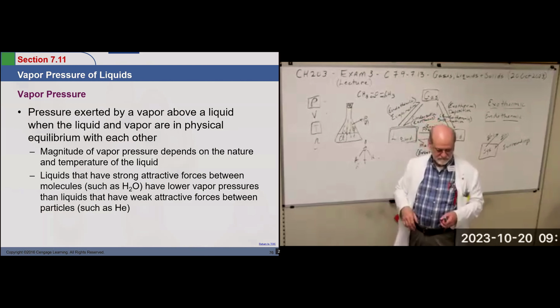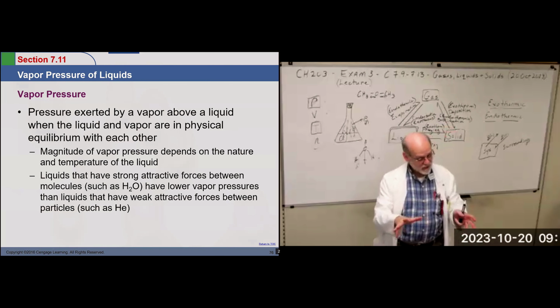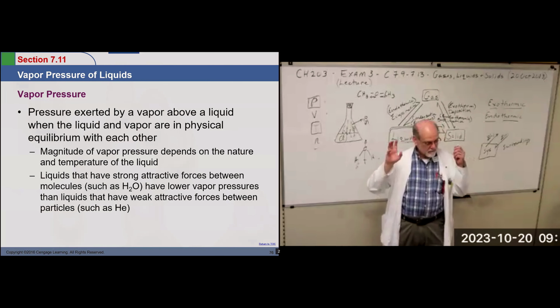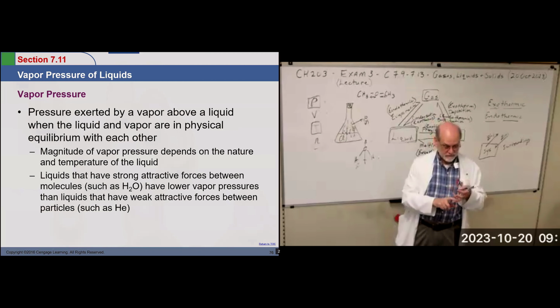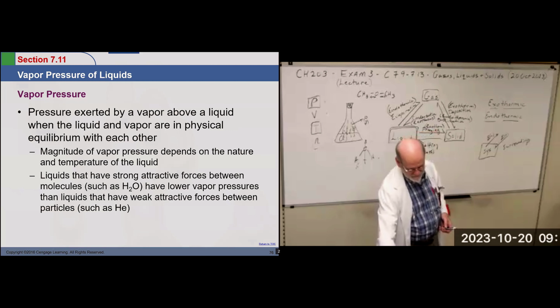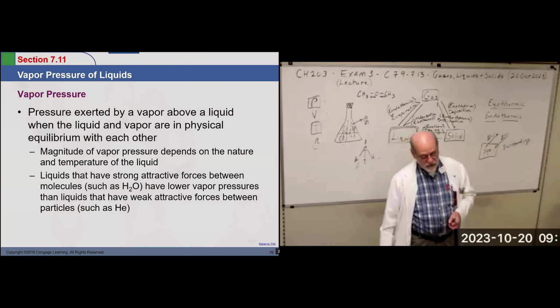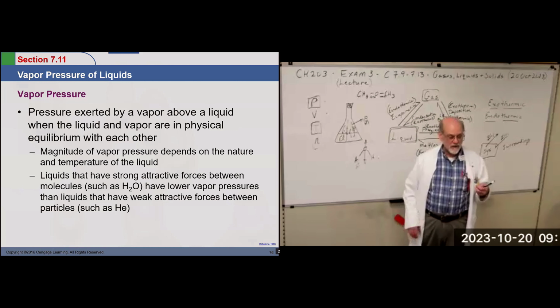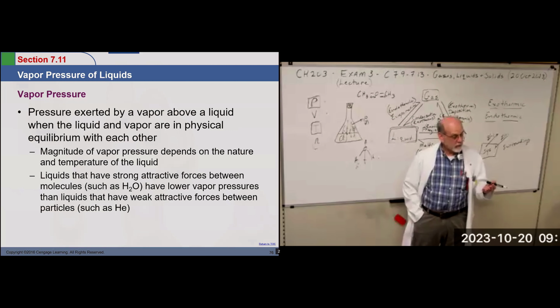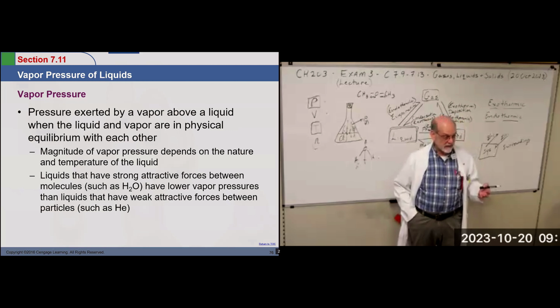And there it is in black and white. The magnitude of the vapor pressure depends on the nature of the molecule and the temperature. You would have an extremely, almost catastrophic head pressure if you were using liquid helium.